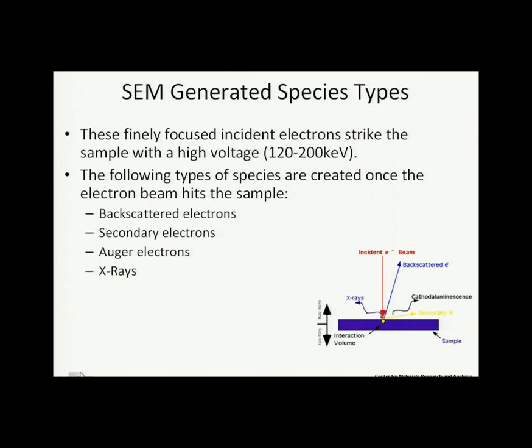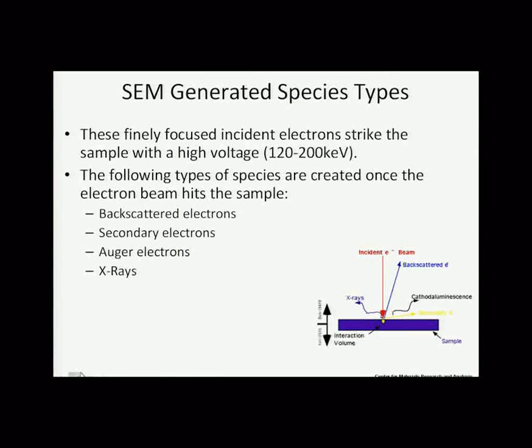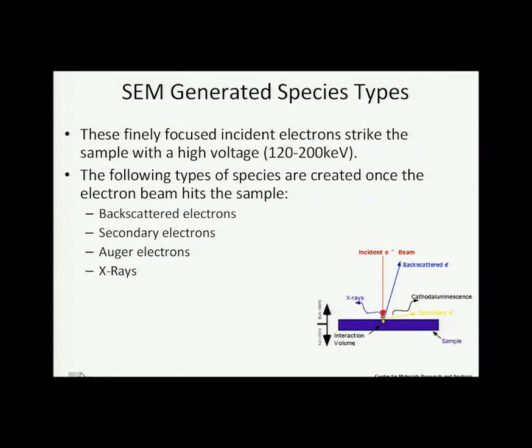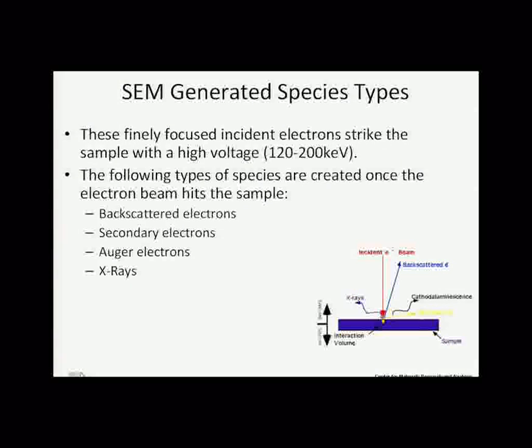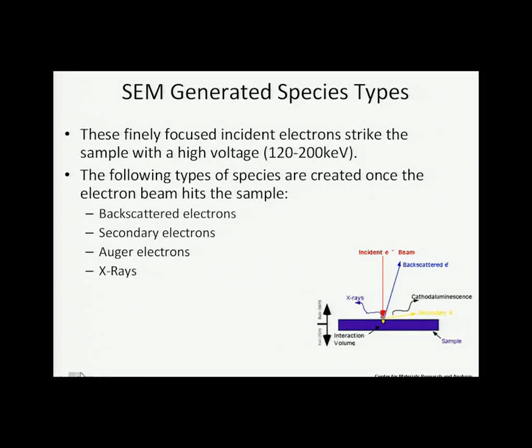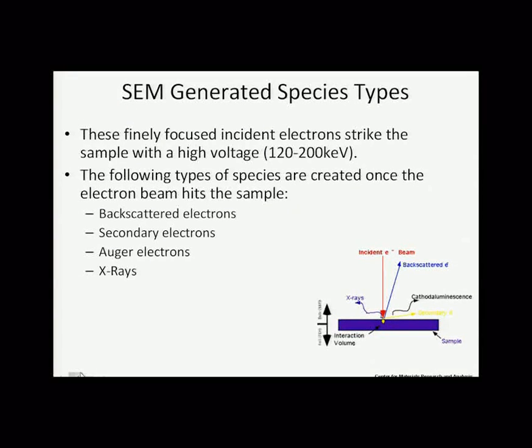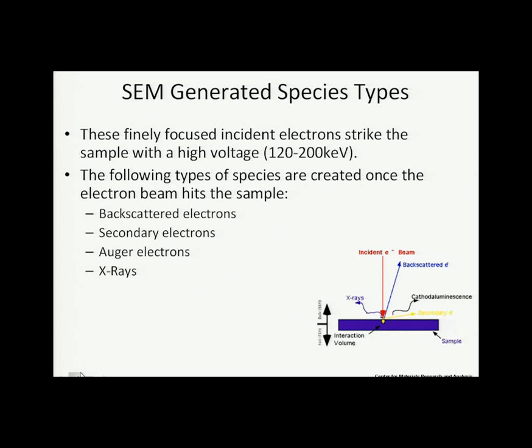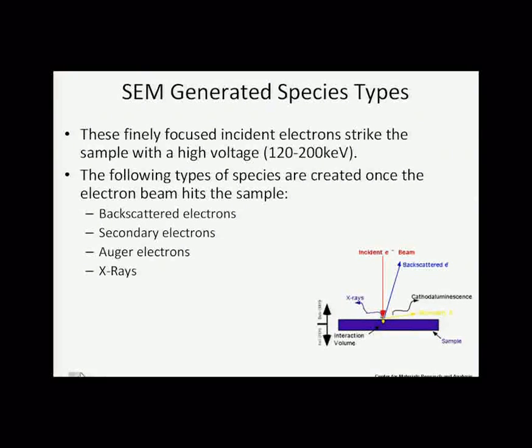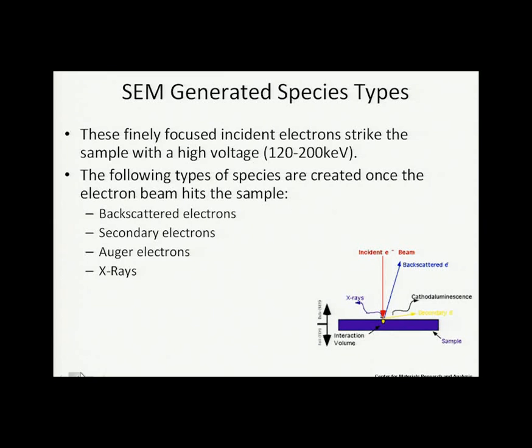So there are multiple species that can be produced whenever you have an electron beam interacting with your sample. These finely focused incident electrons, first of all, strike the sample with a high voltage, from 120 up to 200 keVs. So the following types of species are created once the electron beam hits the sample.